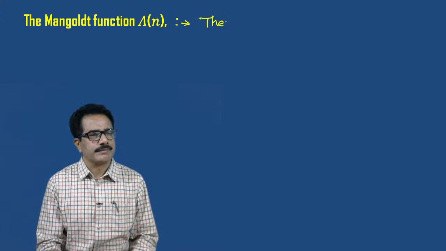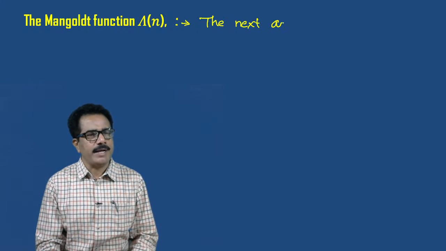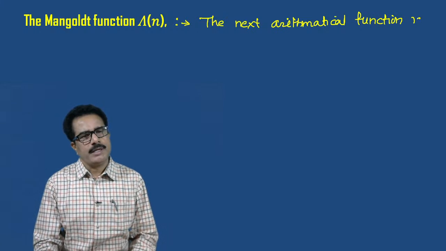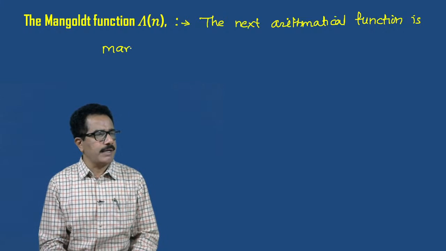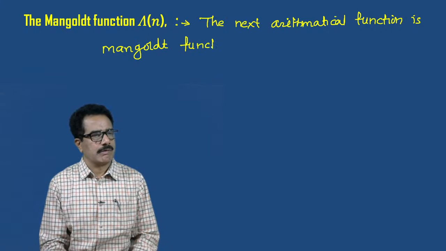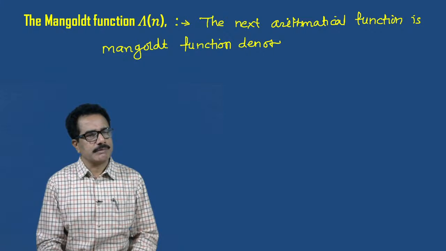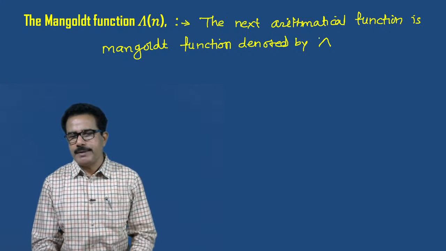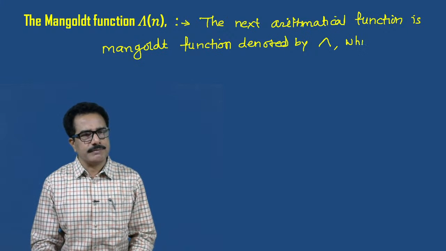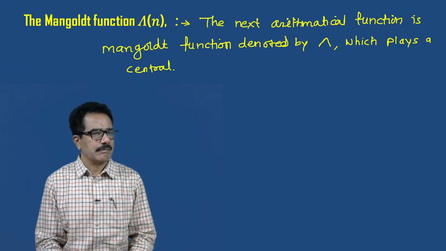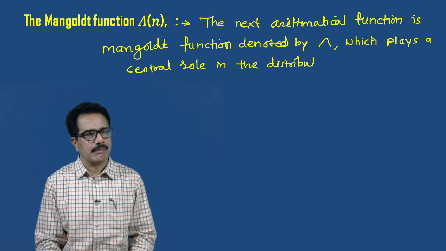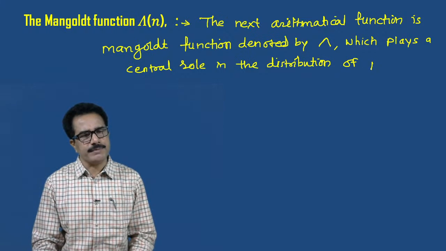The next arithmetical function is the Mangoldt function, denoted by capital lambda, and which plays a central role in the distribution of primes.